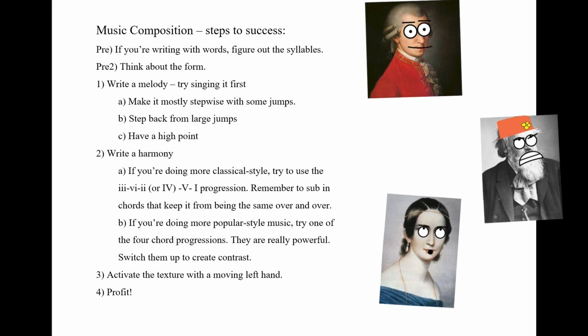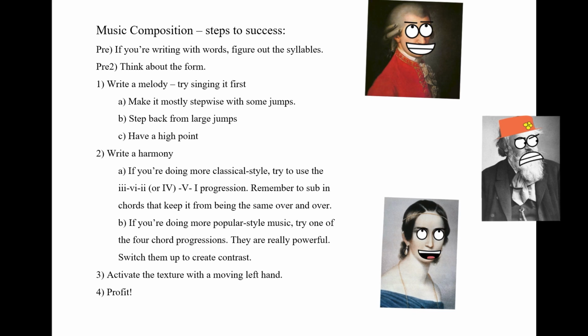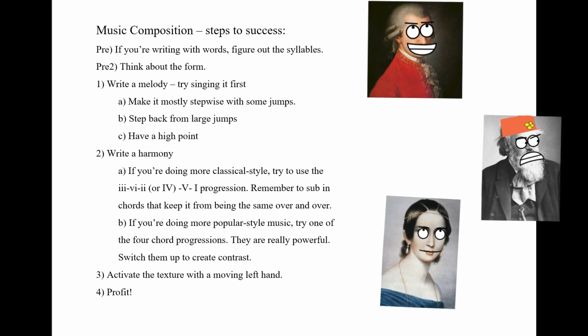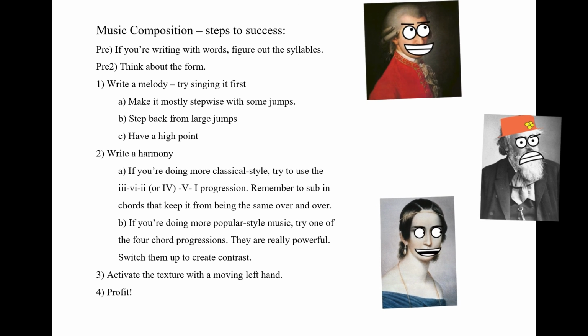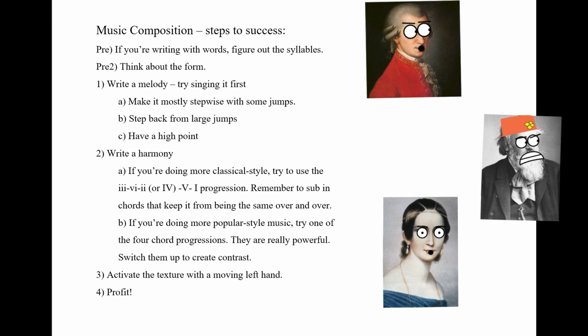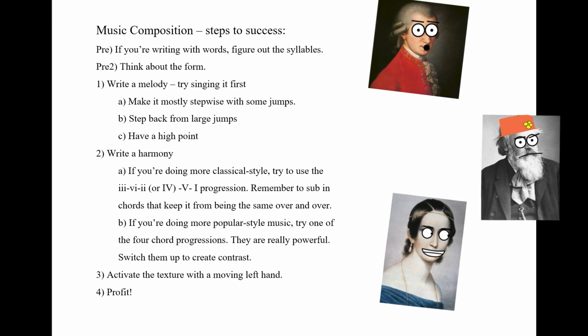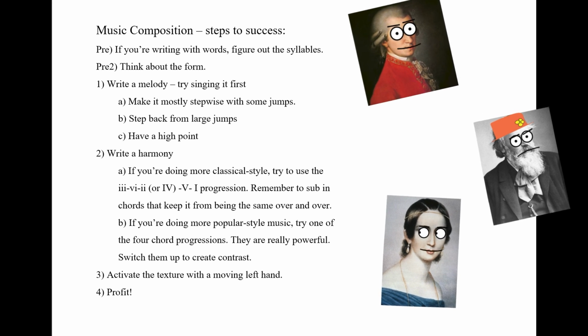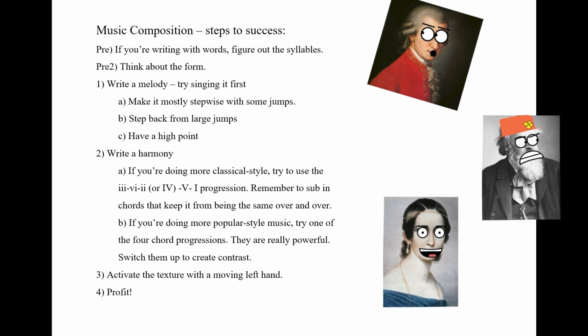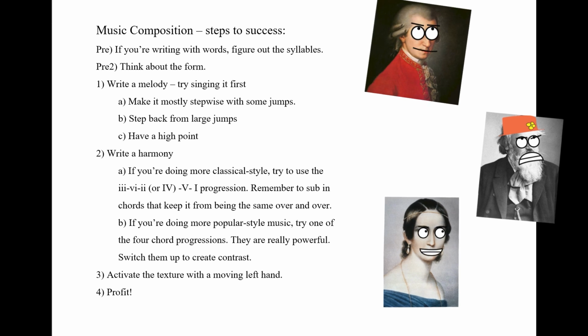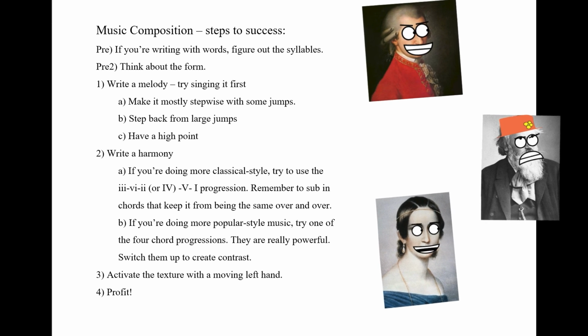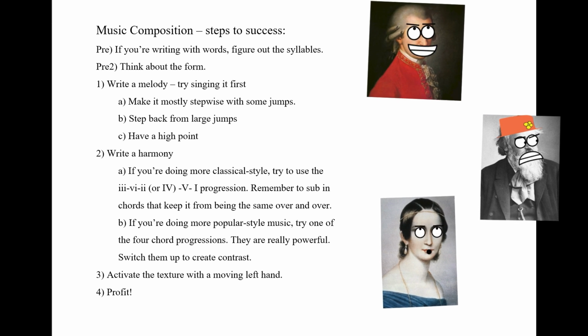But music holds together better if it has just a couple that you introduce at the beginning and then develop as the piece goes along. So use those motives, make the melody. Try to keep it mostly stepwise. We don't want ba ba boo boo ba. We want to go out humming it, right? You can have some jumps to make things interesting, but if you have a big jump, make sure you step back from it again.